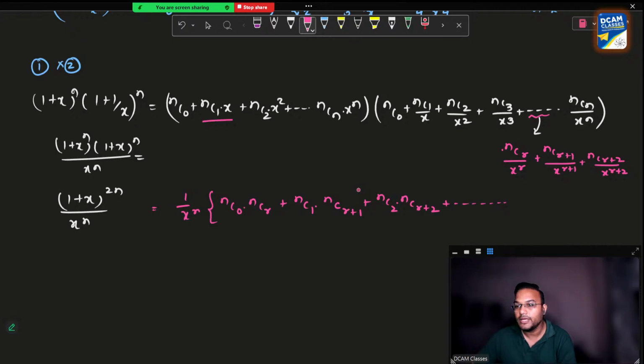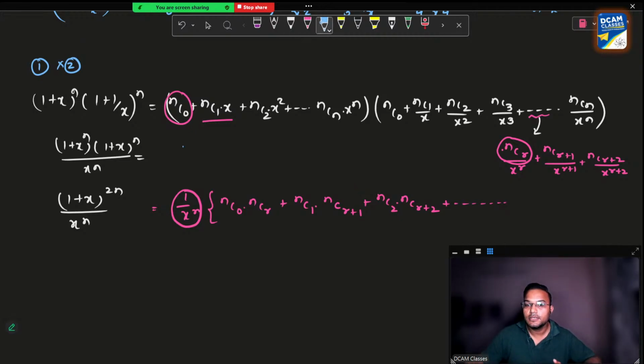Now, if I multiply this nC0 with nCr, multiplication will give me 1 by x power r also, na? Did you understand? nC0 into nCr by x power r you'll get.